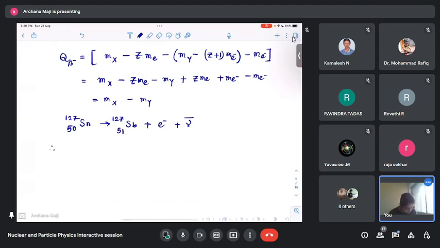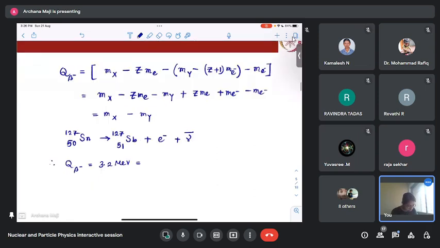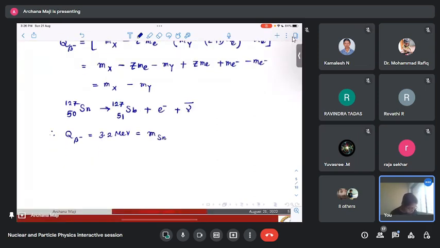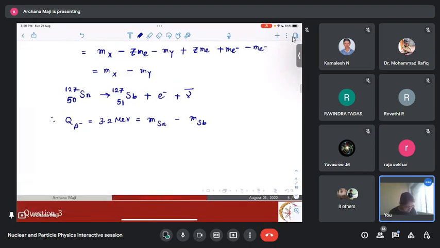Therefore Q, 3.2 MeV, is equal to the mass of Sn minus the mass of Sb, but these are atomic masses, and we need to figure out the mass of Sb in atomic mass units. So the mass of Sb will be the mass of Sn minus 3.2, but we need to use the relation between atomic mass unit and MeV, 931.5 MeV, right?